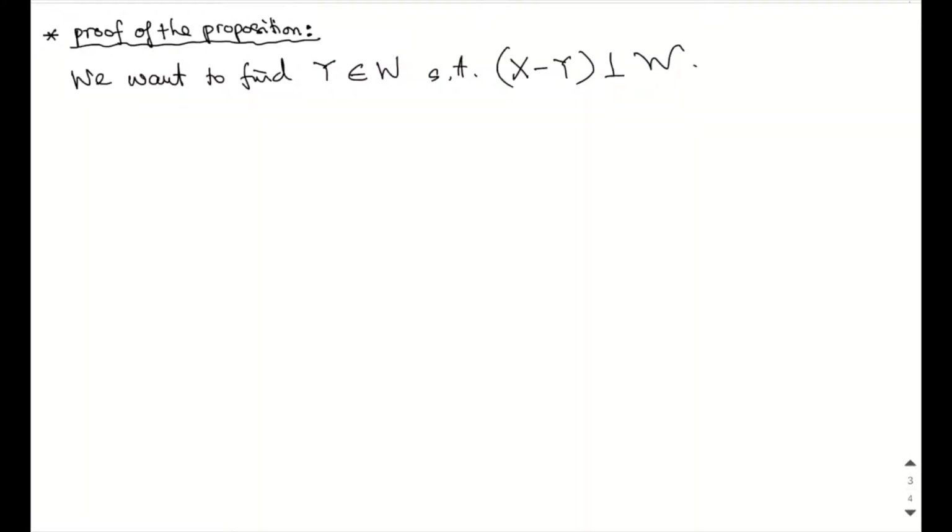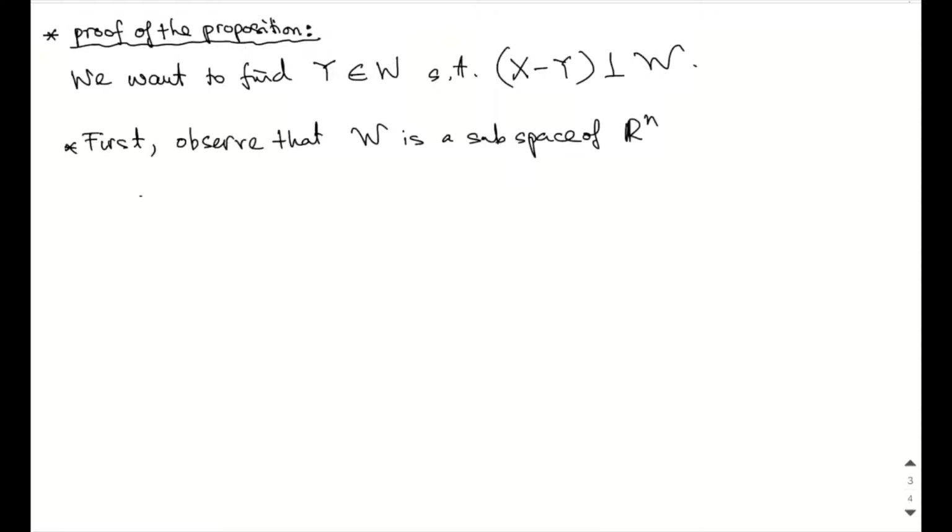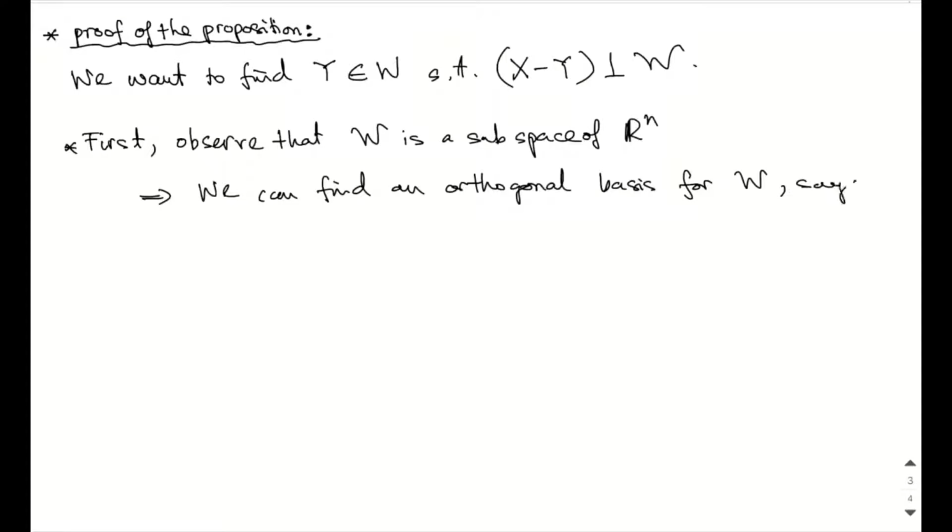So first we observe that W is a subspace of Rn. So we can find an orthogonal basis for W, say p1, p2, up to pk, where k is less than or equal to n.